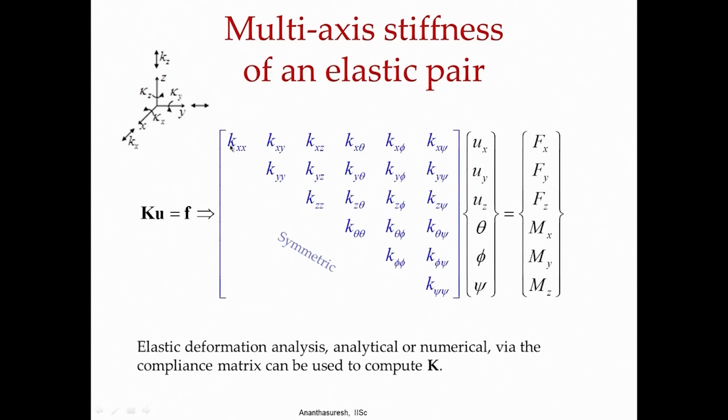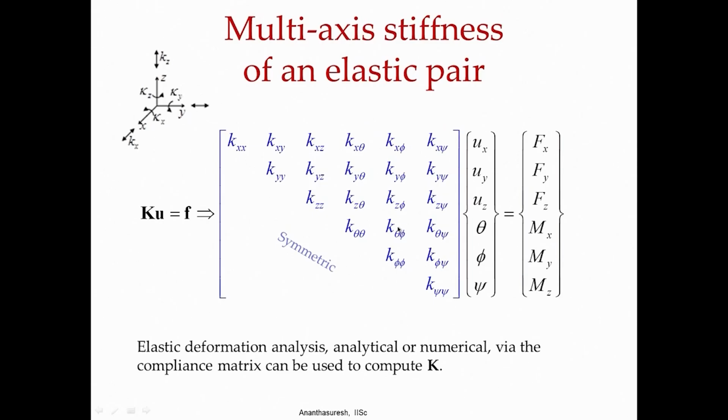So, having these stiffness values Kxx, Kxy and so forth, you can characterize whether something is a kinematic pair or an elastic pair. Since it is stiffness, if it is let us say a translational pair, a sliding pair along x axis, then Kxx will be 0 and all these other things will be infinite, because there is high stiffness or resistance about them. Likewise, if it is the rotational one, K theta will be 0, all others will be infinite.